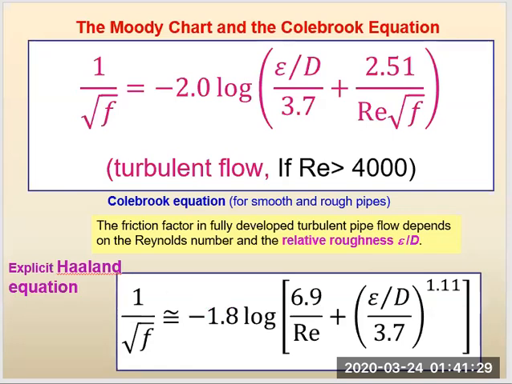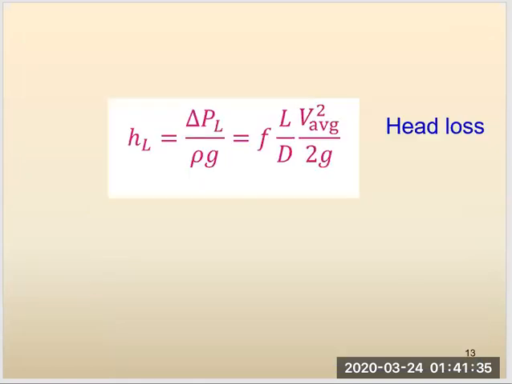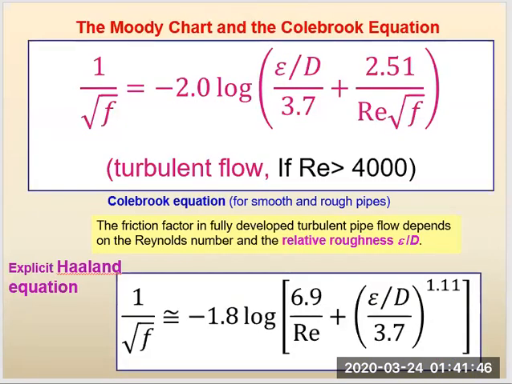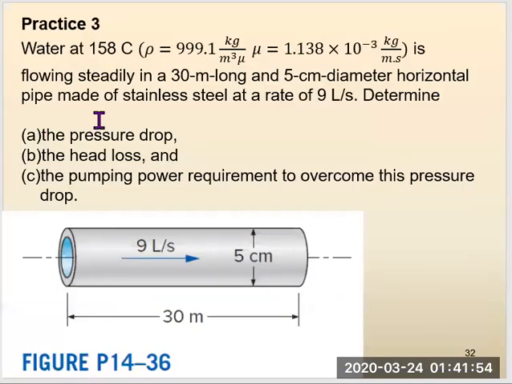If it's laminar, then you want to use a different equation, that was this. So first you need to define your regime of the fluid flow, then calculate the Darcy friction factor, and then follow a similar procedure to what we did in the previous example to solve for these 3 quantities.